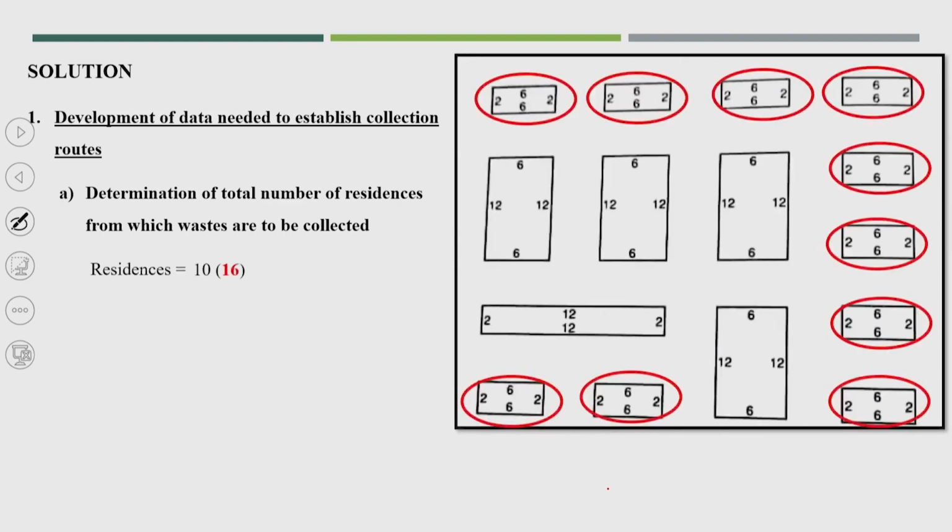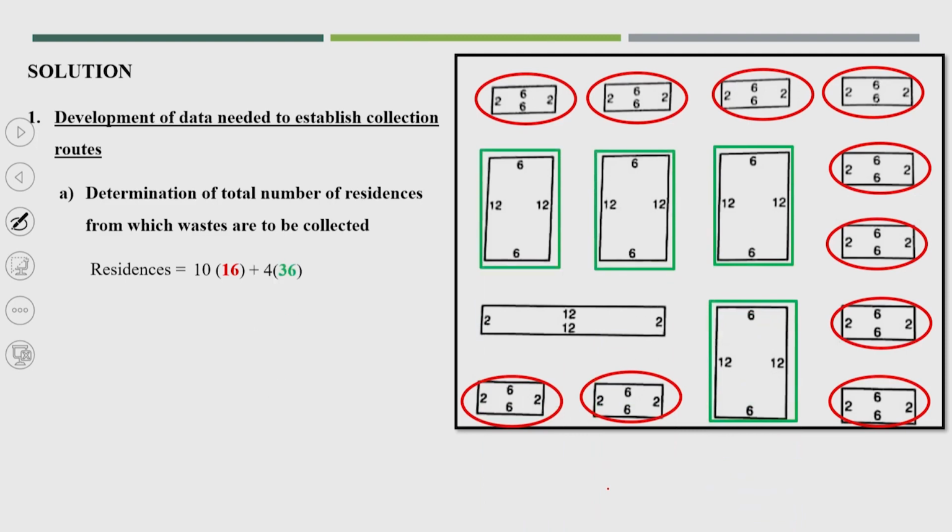We see that we have residences of 2, 6, 2 and 6, which comes to 16, and there are 10 such blocks, so 16 residences for 10 blocks, 36 residences for 4 blocks, and 28 residences for 1 block. So, we can finalize 332 residences in that particular residential area.